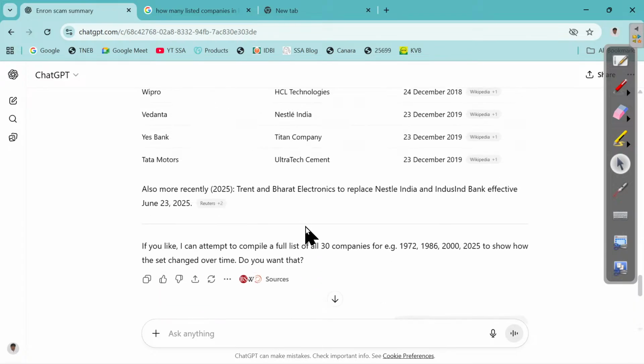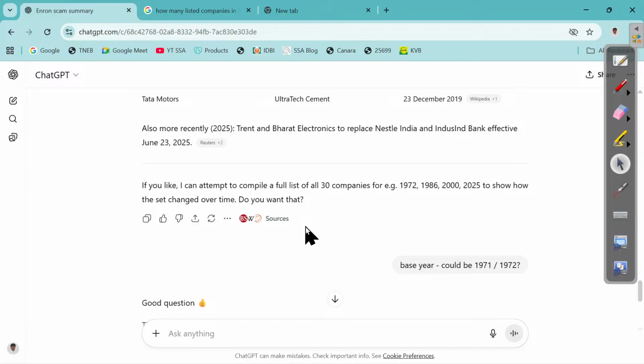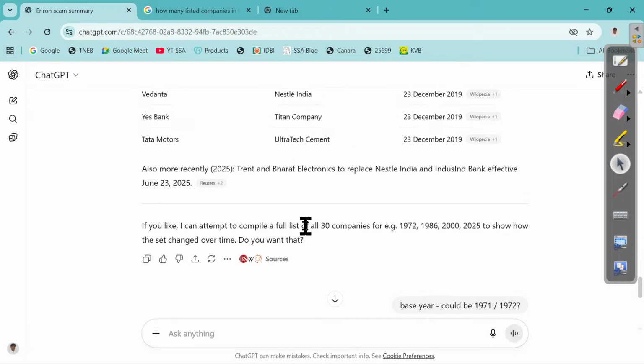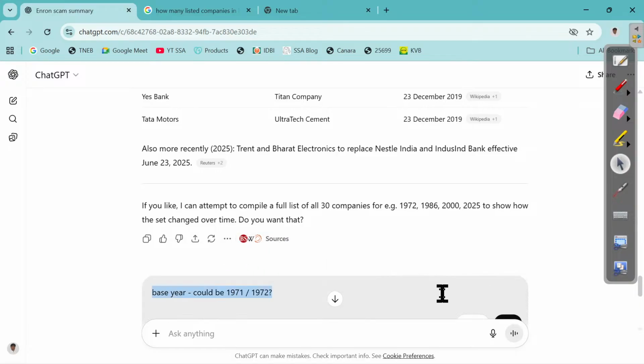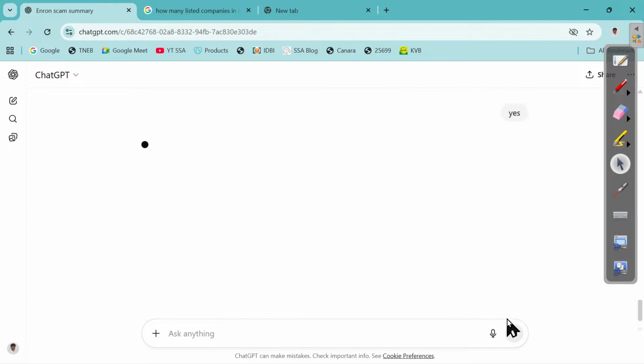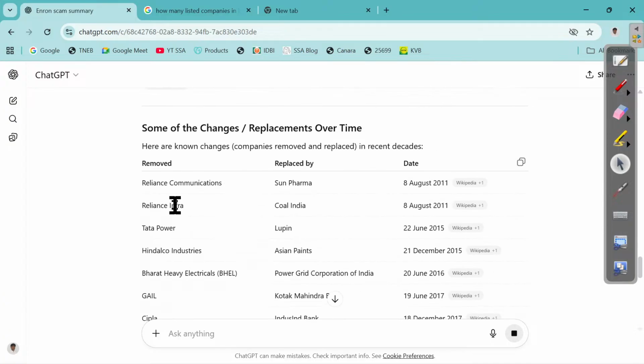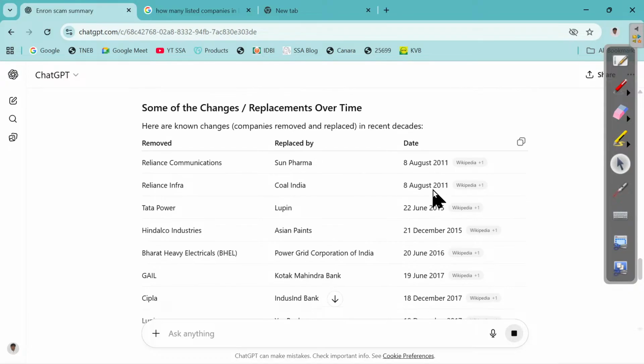Now, what are the companies there? You can play with ChatGPT, and today we have n number of other AI also. Reliance Communication replaced Sun Pharma in 2011.